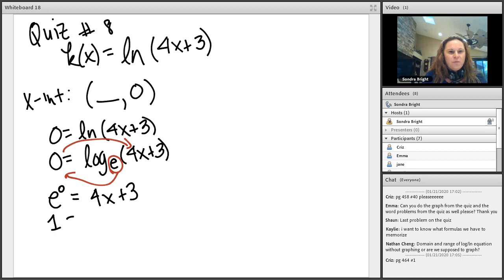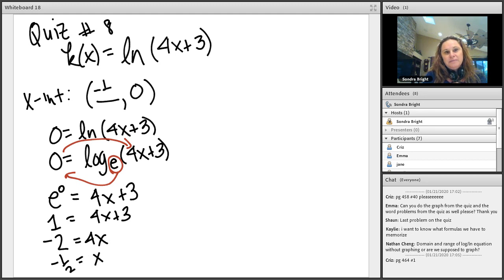So that means you'll have 1 is equal to 4x plus 3. Subtracting the 3 will give you negative 2 is equal to 4x. And so x is equal to negative 1/2. So that's your x-intercept.